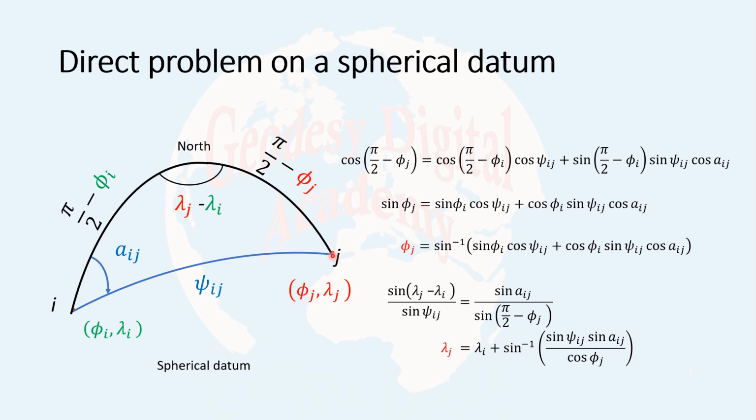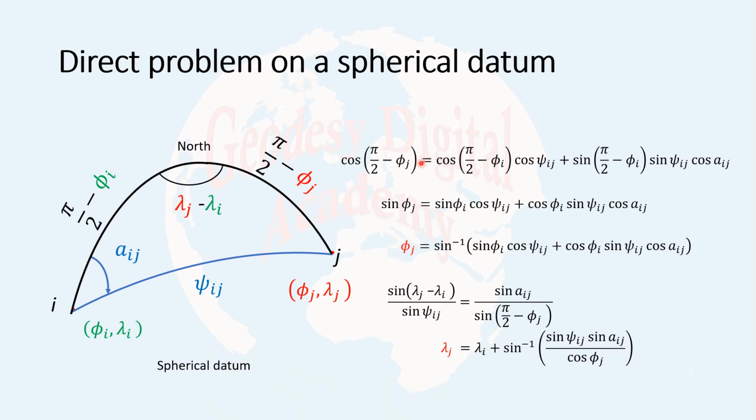So if I write the cosine rule for this arc, here from north to J, I can write cosine of this arc is equal to cosine of the other arc, cosine of this arc, plus sine of that arc and sine of this arc multiplied by the cosine of the angle between them, or the angle in front of the arc north to J. As you see the formula here.